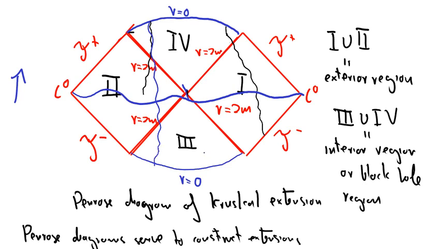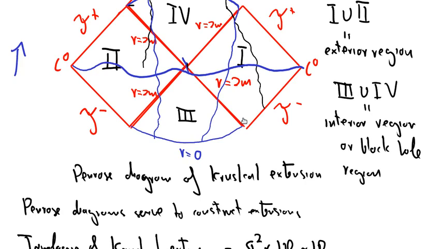If you draw any inextendable causal curve in this picture, you will see that it would always cross the Cauchy hypersurface. So this is a globally hyperbolic spacetime. As always, this is not a proof, but the diagram enables us to guess that this is so.